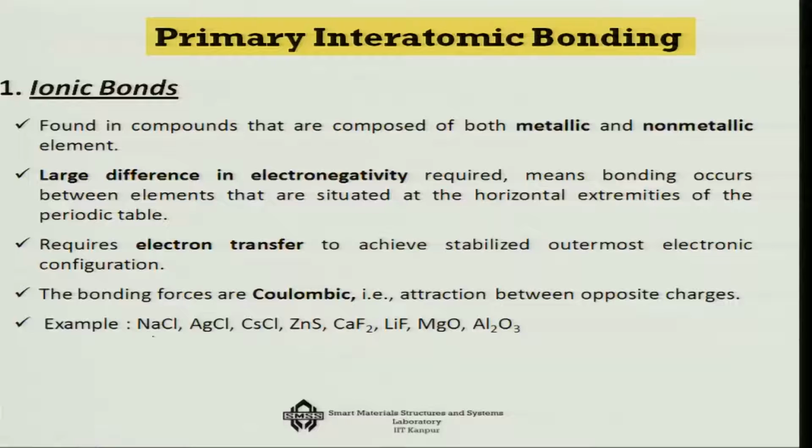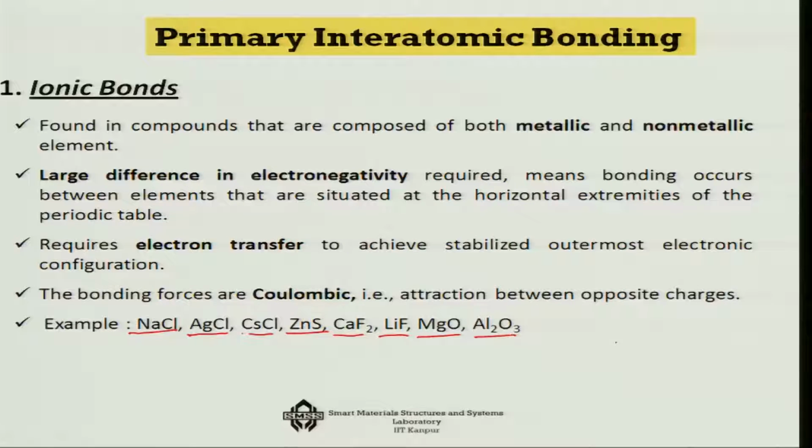For example, consider sodium chloride. You have sodium as the metallic part and chlorine from the non-metallic part. Similarly, silver chloride, cesium chloride, zinc sulphide, calcium fluoride, lithium fluoride, or magnesium oxide, aluminum oxide, invariably you will see one from the metallic part and one from the non-metallic part.